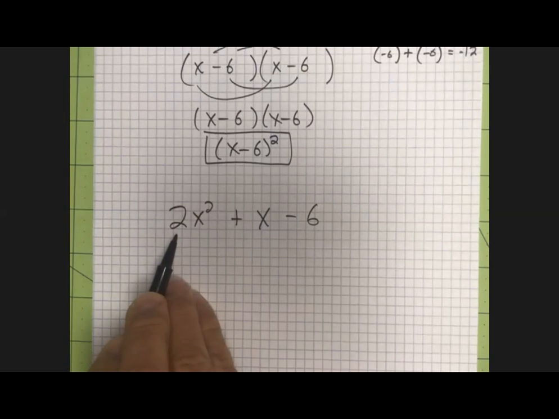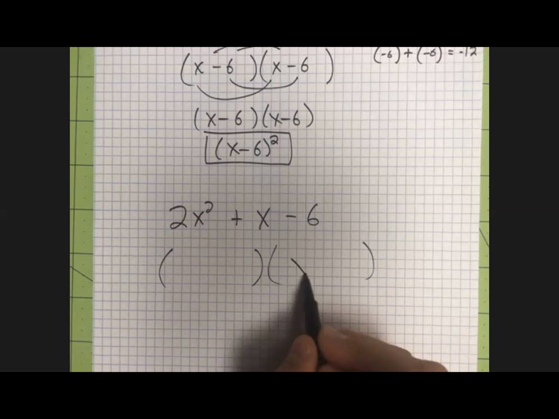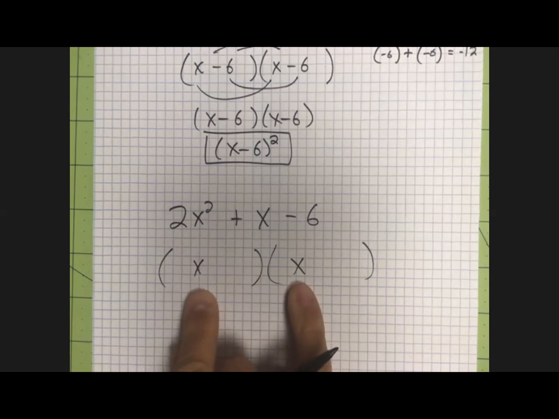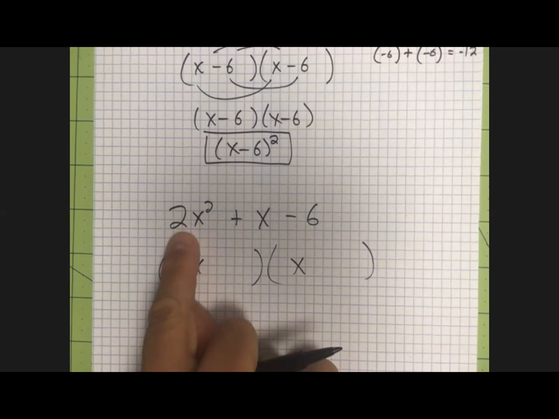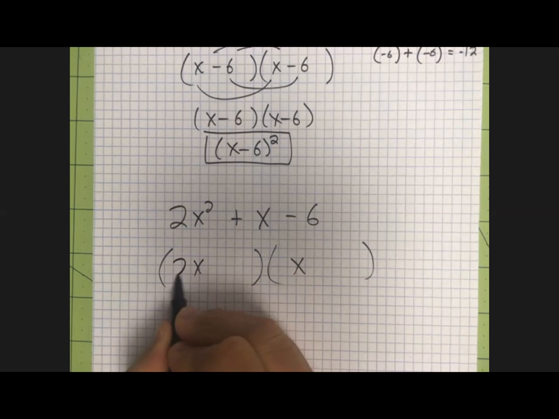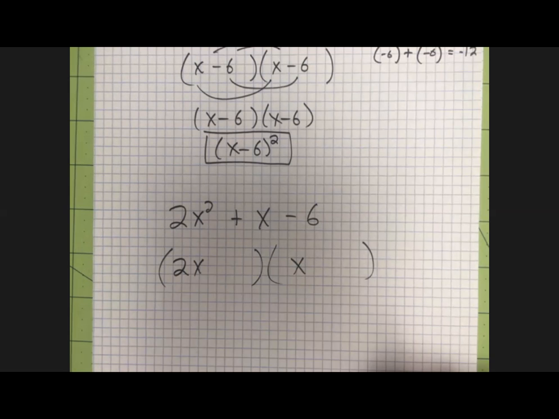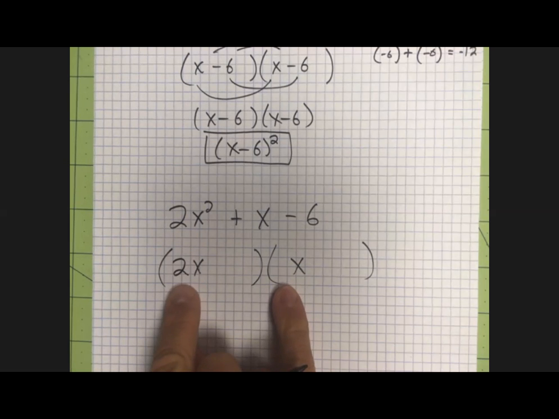The moment you put another number in front of here, you got more work to do. It's not going to be x times x anymore, because that's not going to make a 2x squared. To make that 2, you got to put a 2 down here somewhere. It doesn't matter whether you put it first or second. And there's only one way to make a 2, which is 1 times 2. So that's as good as I can do.